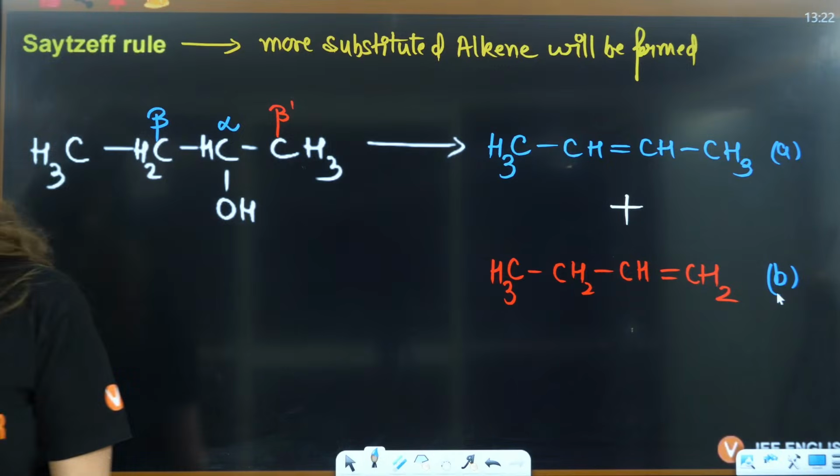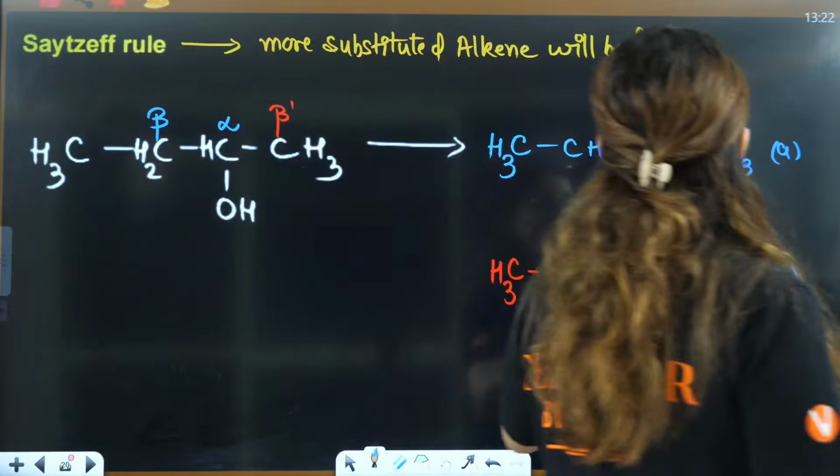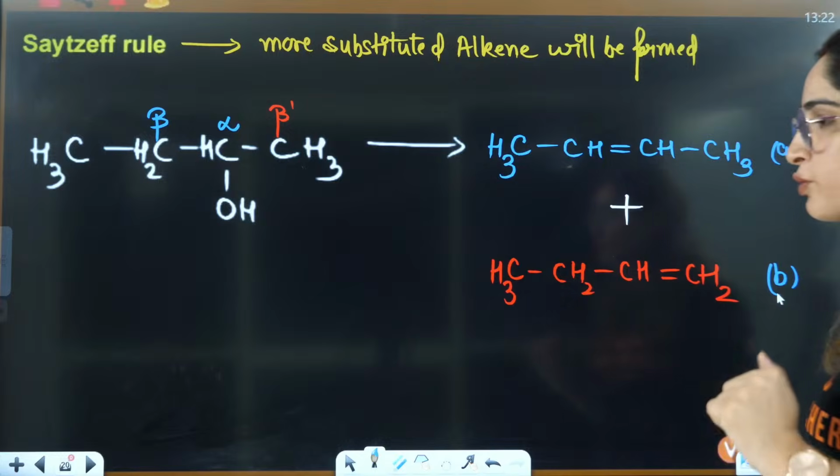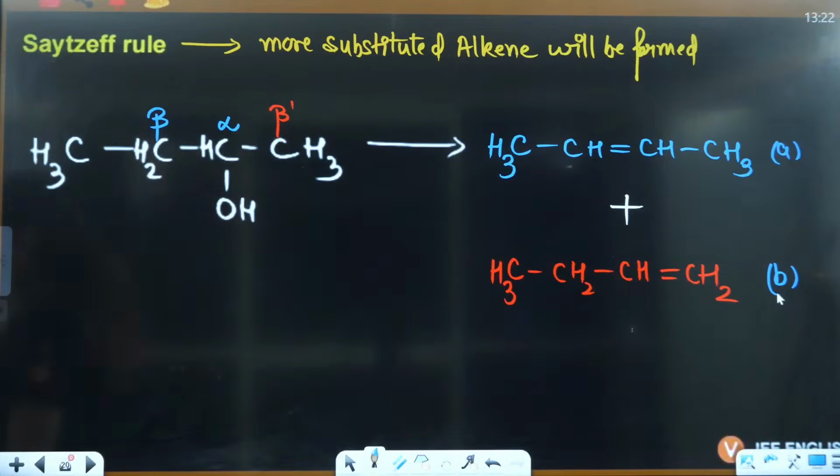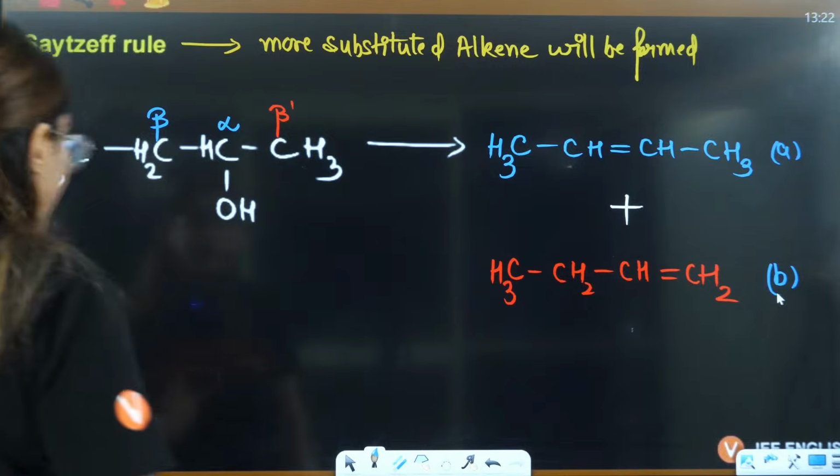Is A the major product or B? I am waiting. Yes, Abhinav is saying A, Rama Raju is saying A. So the major product is going to be A.